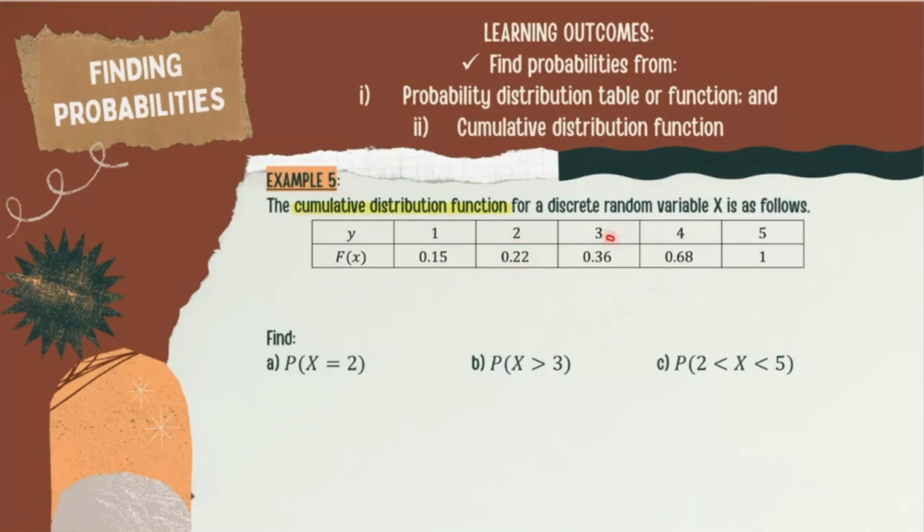Okay, ini pula adalah hasil tambah daripada x equals to 1, x equals to 2, x equals to 3. Sebab apa? Dia kata ini adalah table untuk cumulative. Dia accumulate kan the value of the probability daripada 1 until that particular point. Okay, so fx ini boleh juga ditulis sebagai p of x less than or equals to xi.